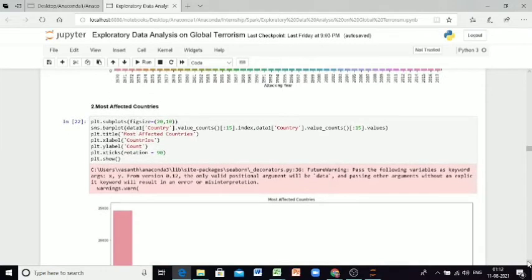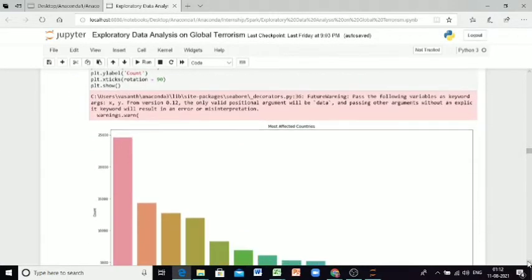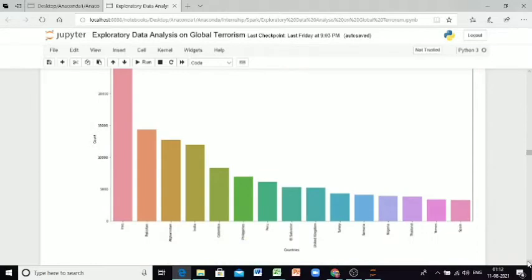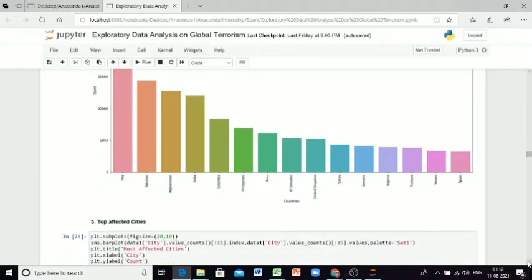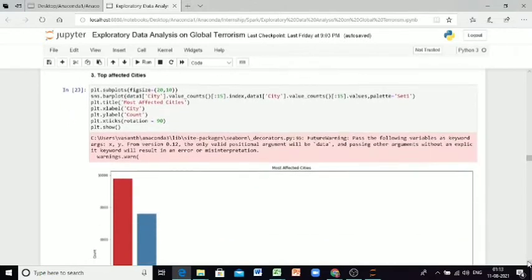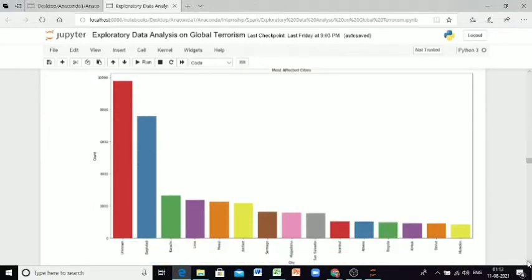The most affected country because of terrorist attacks is Iraq, and the top city affected due to terrorism is Baghdad.